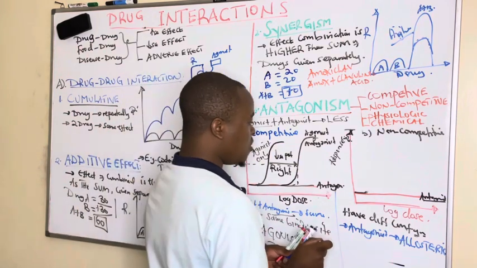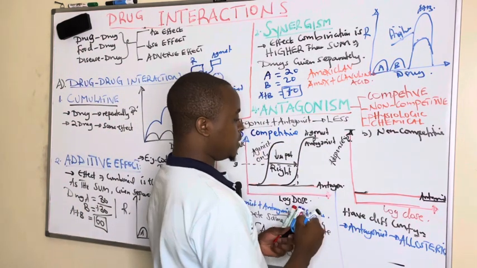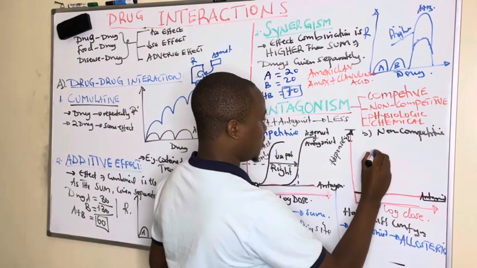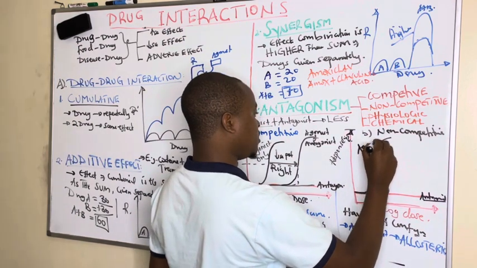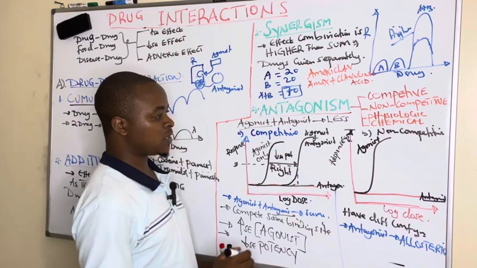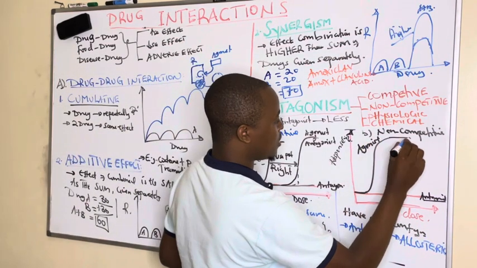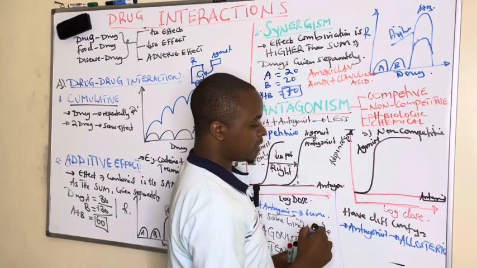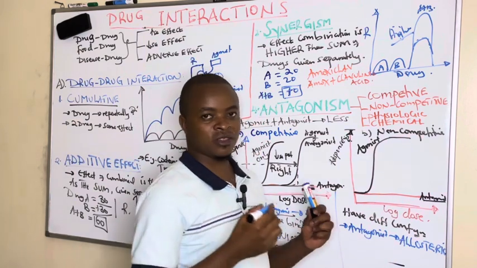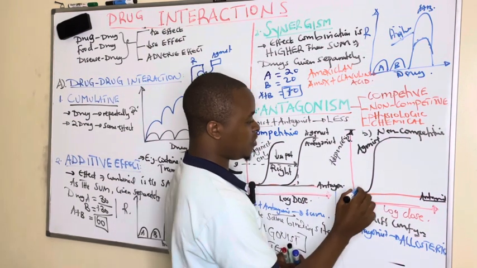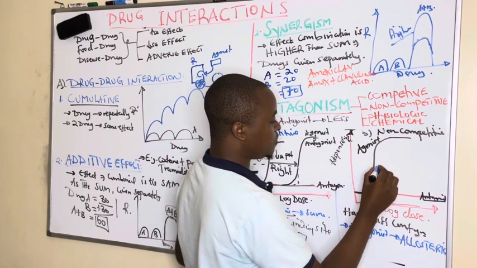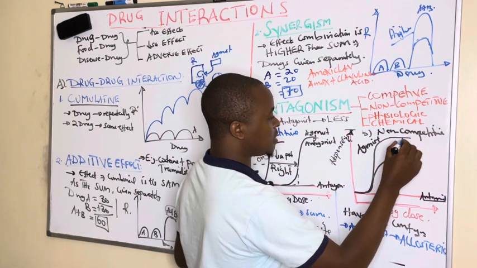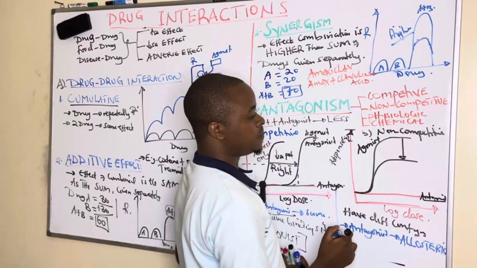But if we give an agonist alone, it produces maximum response, 100%. But when given in combination with a non-competitive antagonist, the curve does not shift to the right, but it decreases from the maximum.